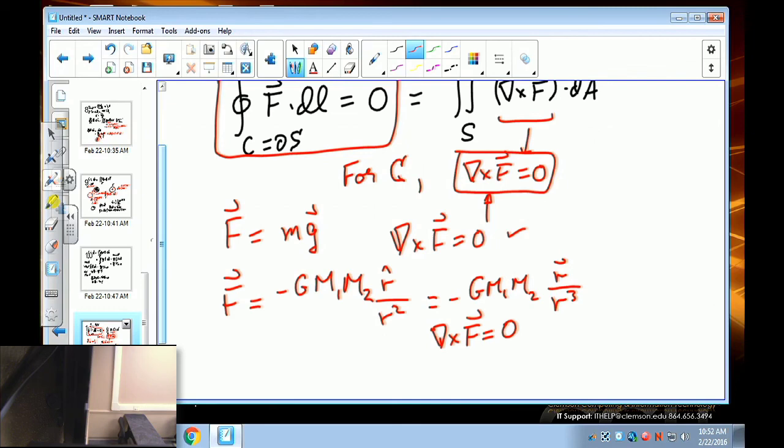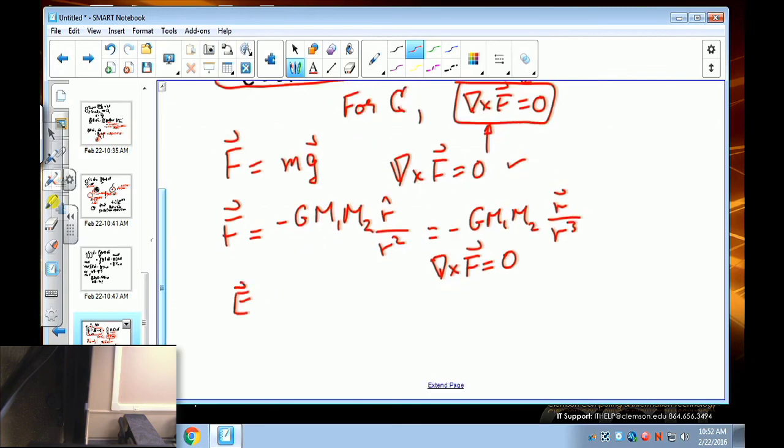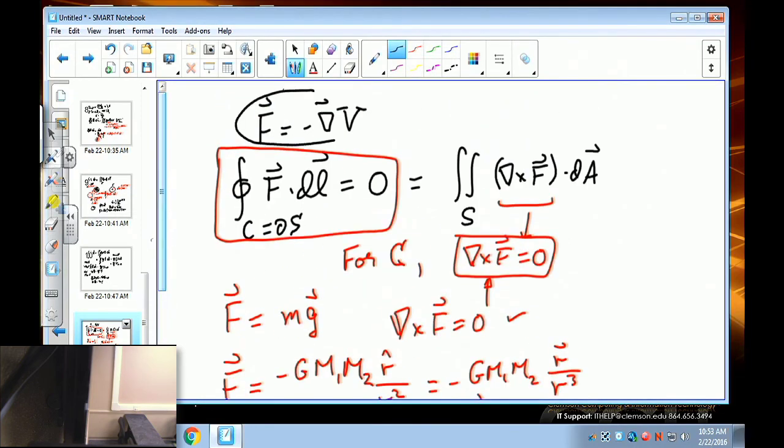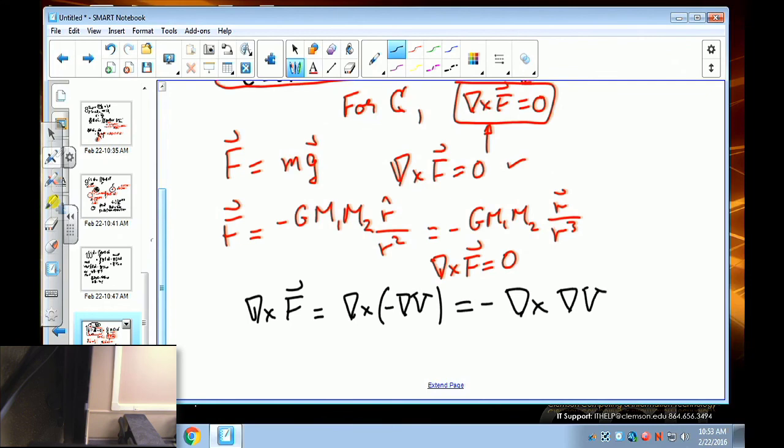Okay, and if the electric field, okay, hang on a second. So I want to do that. And in general, if the force is written as the negative gradient of a potential energy, then the curl of that thing, recognize that?